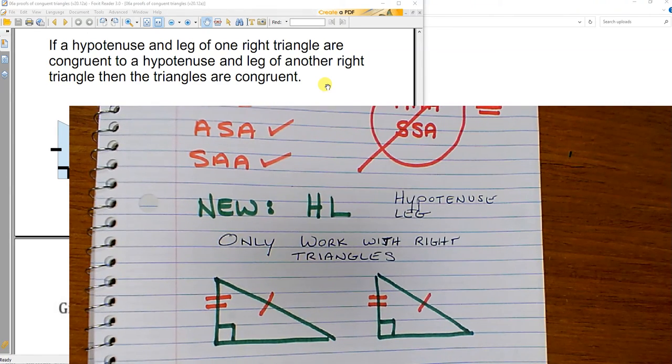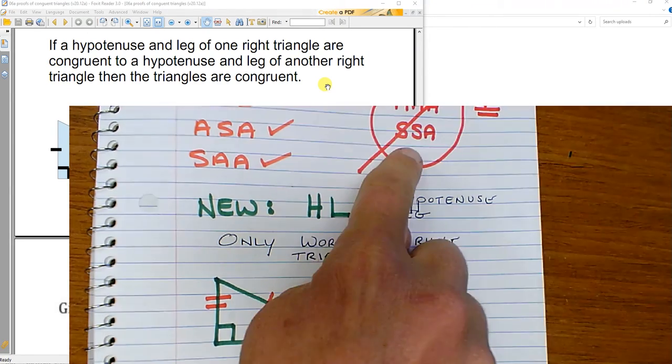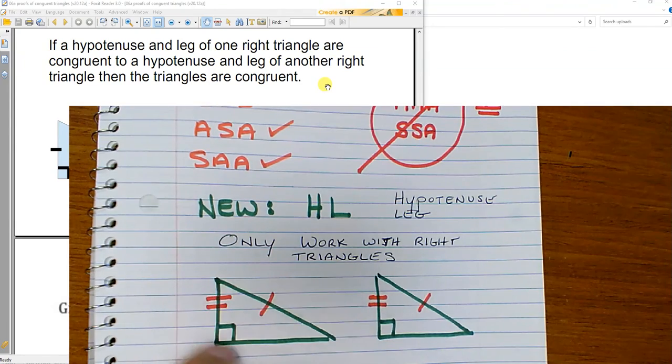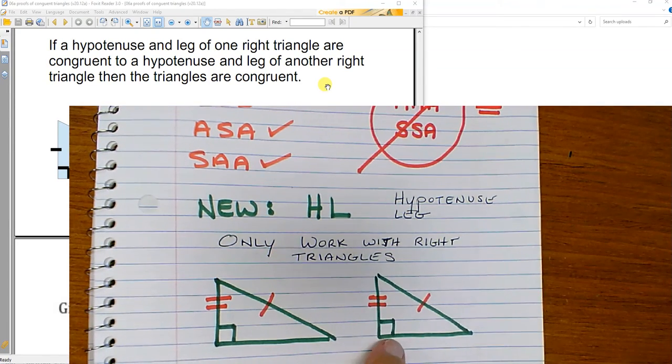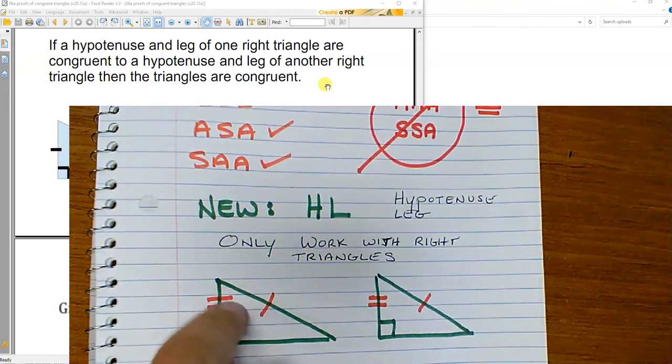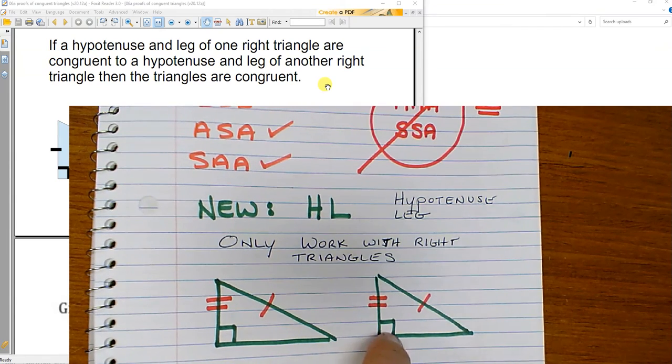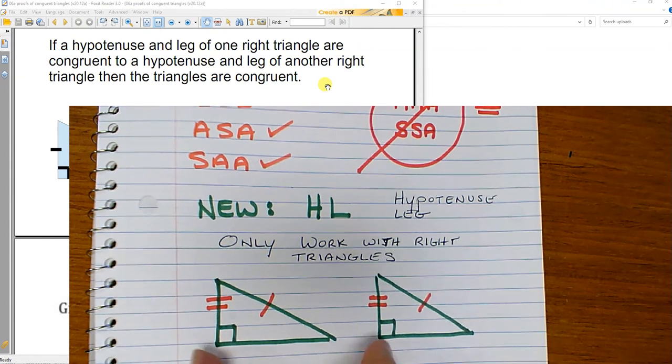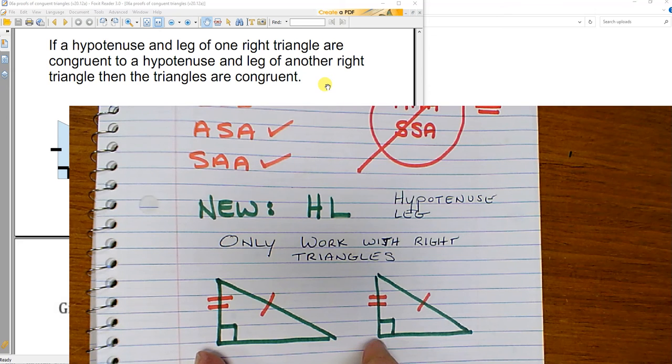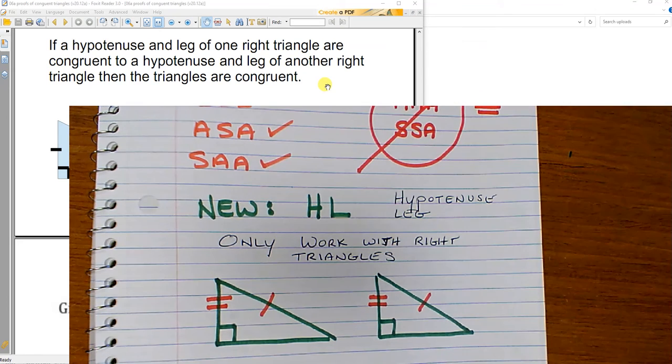So what it really is, ready? Side, side, angle; side, side, angle. It's really like side, side, right angle. As long as this angle is fixed, it works. So it's kind of side, side, angle, except the angle has to be a right angle.